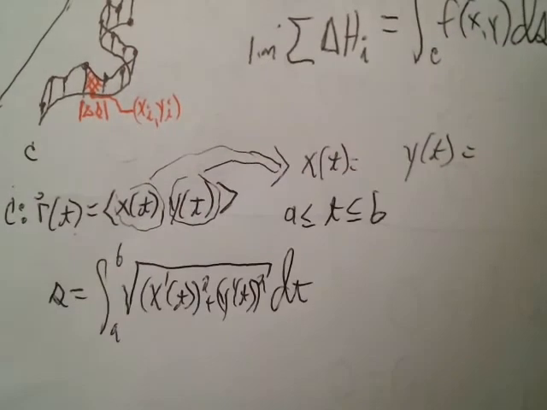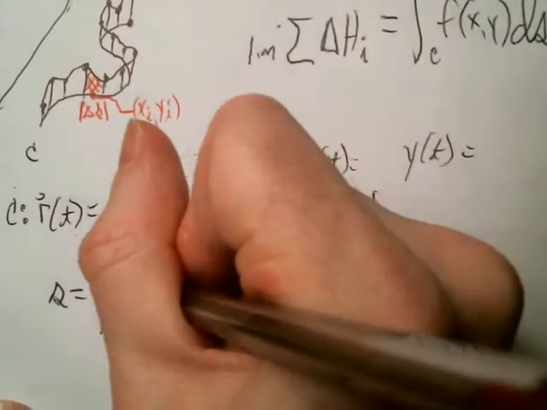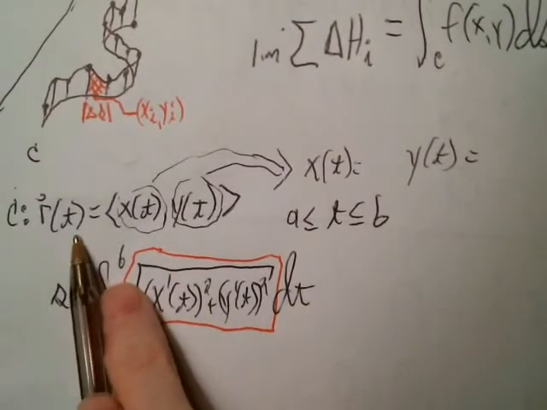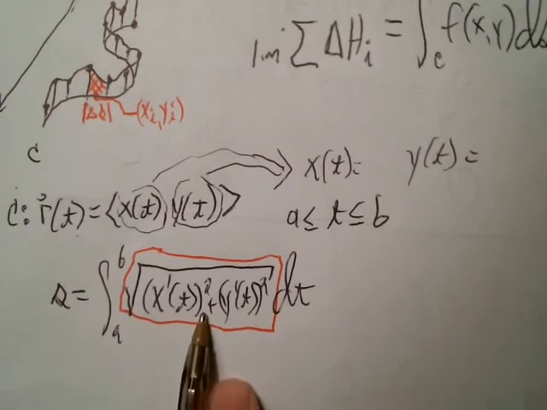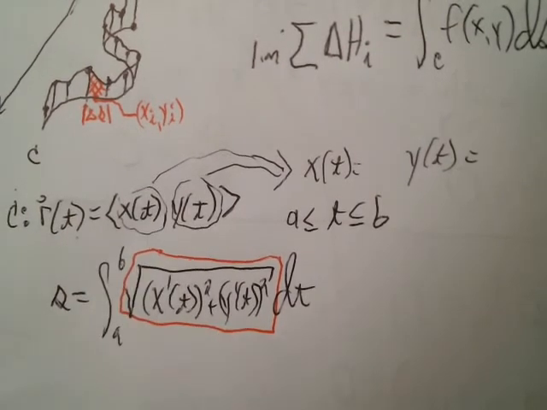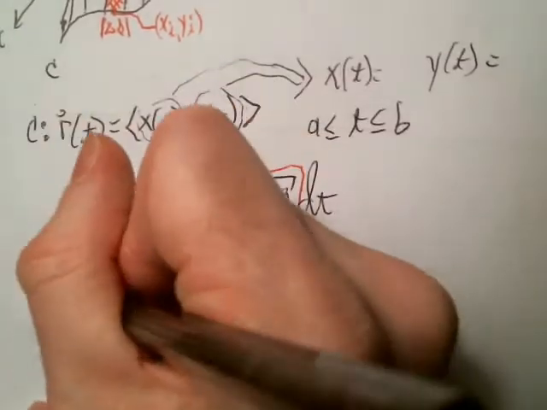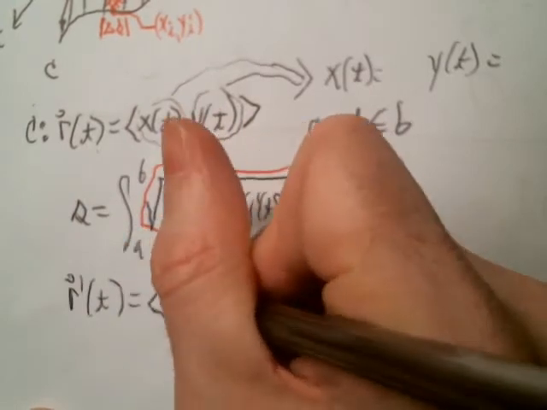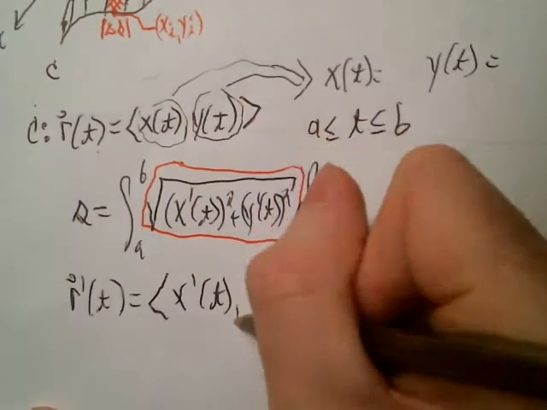Okay, what the heck is this thing? Right? What the heck is this thing in relationship to this vector valued function? Well, the parts of it, we have the derivative, so it has something to do with the derivative, right? So r prime of t is x prime of t comma y prime of t.